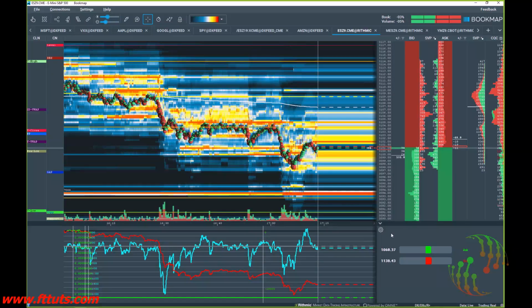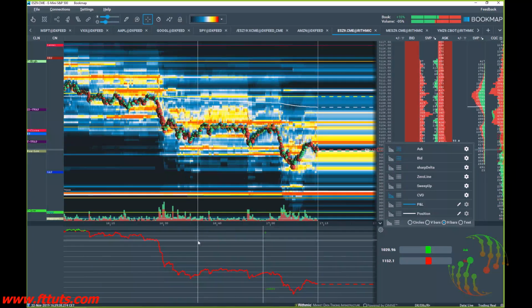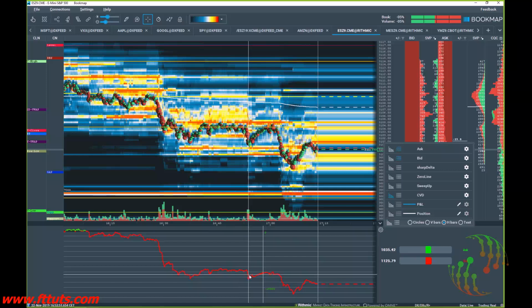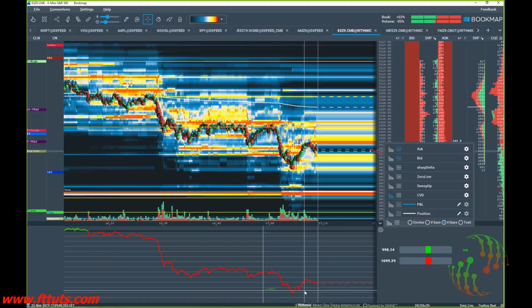Let me show you only the CVD here. So this is the CVD, the cumulative volume delta, and this is the very basic one because it is based on simple calculations of buying minus selling.